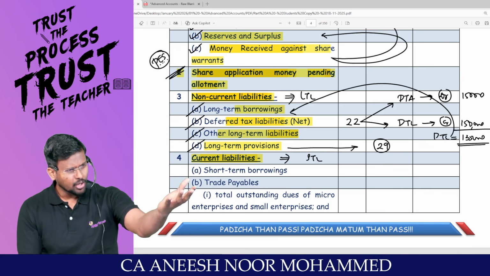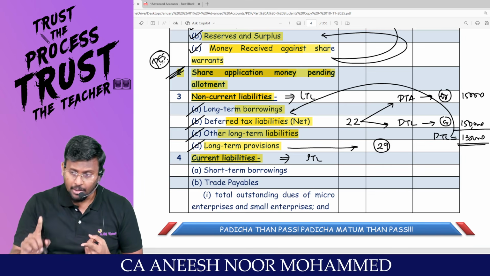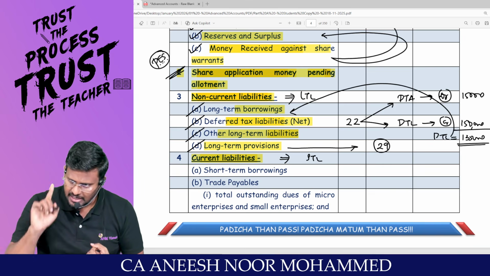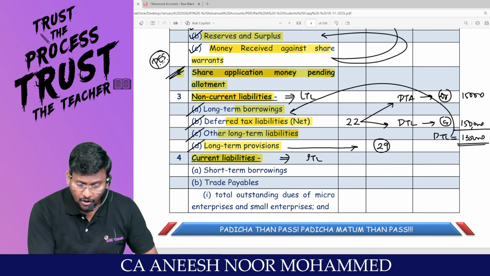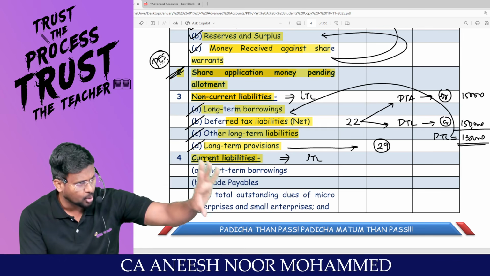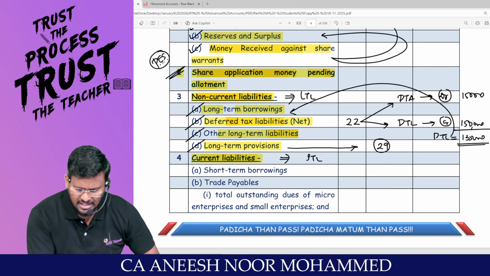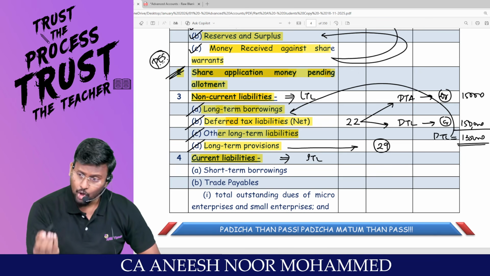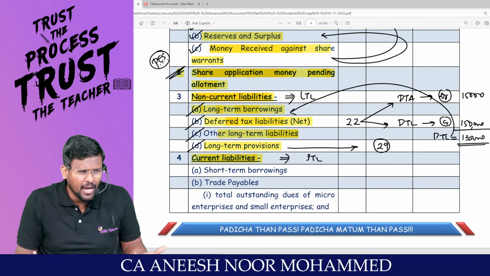This is not a borrowing. This is a provision which I have created. So the first one, long-term borrowings, means money the company has borrowed. Number 2, deferred tax liabilities net. Number 3, other long-term liabilities. Look, first I try to give the main heading, long-term borrowings. Number 2, deferred tax liabilities net. Those which do not fit under clause A have no other way.